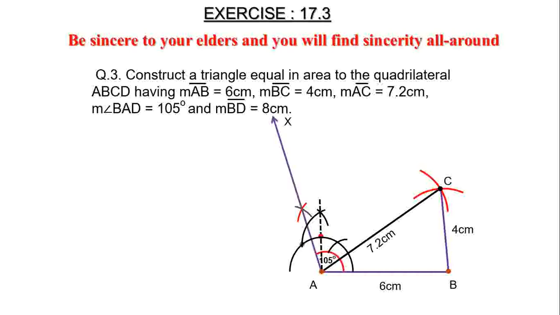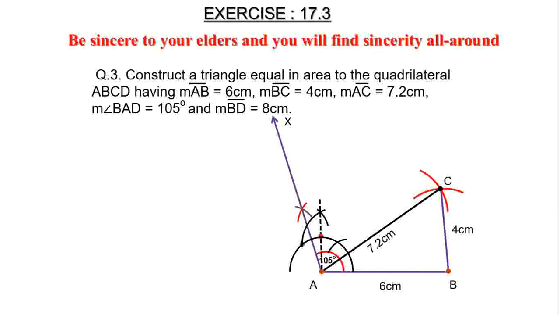Whenever we draw an angle using compasses, we show it through a ray. Ray AX is showing the angle BAX.